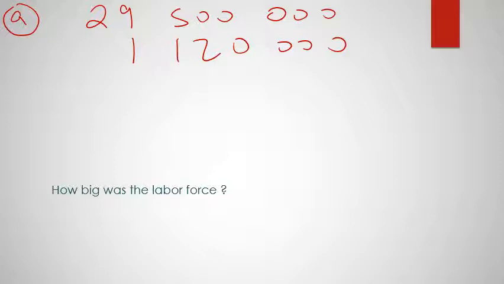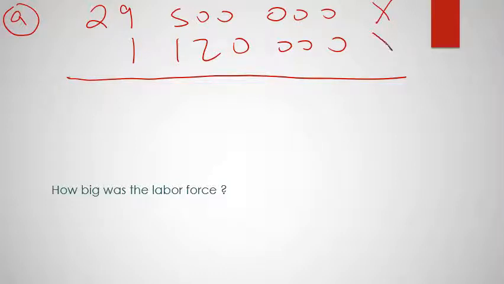Again, what constitutes being unemployed? You don't have a job and you are actively looking for a job. That's what we mean by unemployment. So add them up, number of employed people plus the number of unemployed people, and you get the labor force.